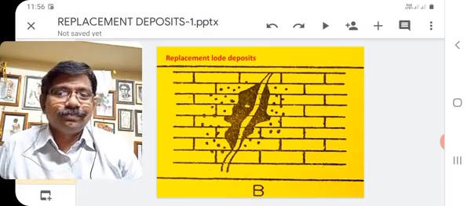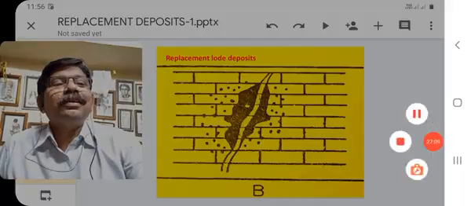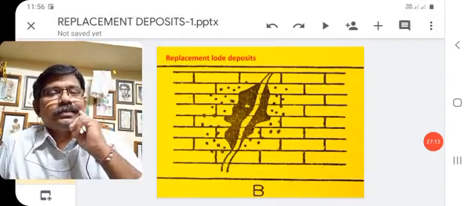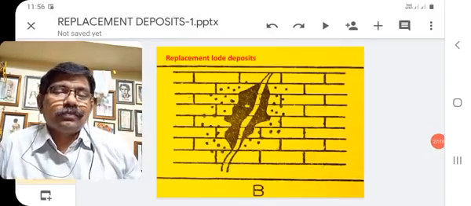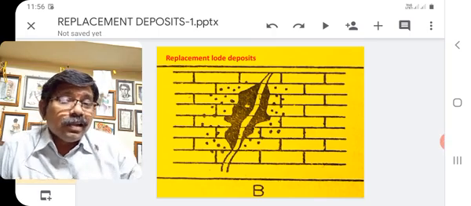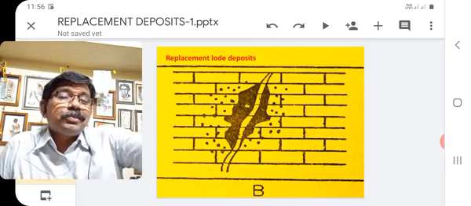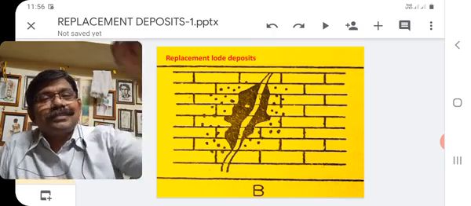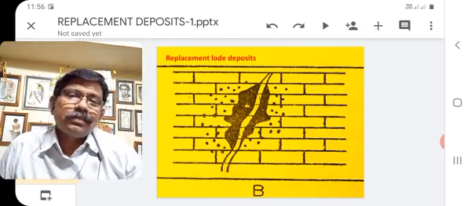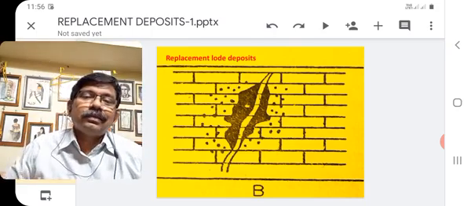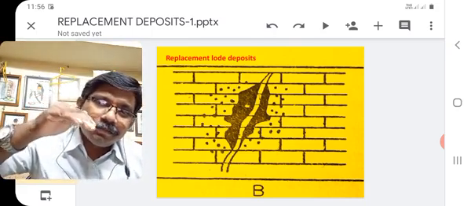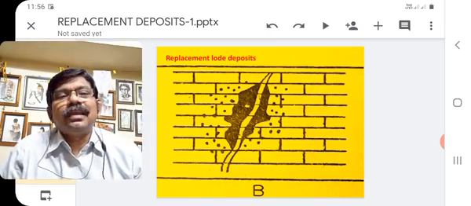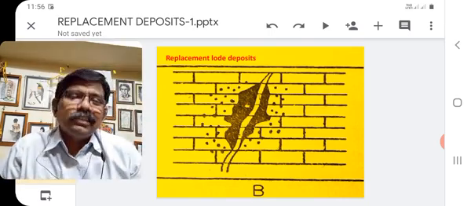Now we will see, as with the massive deposit, how it will be. That is the second one, how it forms. Here also, it enters into the host rock from the walls. It is the fissure, it enters into those rocks.